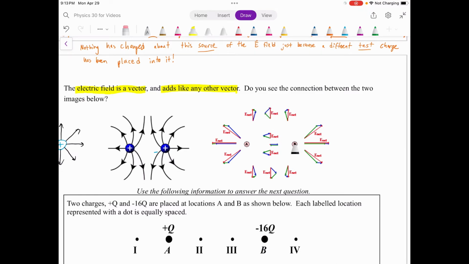Well, if this is a positive charge, it's going to generate an electric field at this location that would push you, if you were a positive, up and to the left. While this one would be pushing you up and to the right, because these are positive, they would repel a positive. And so if we add those two tip to tail, like we would any other vector, like displacements or forces or velocities in physics 20 or momenta in physics 30, the net electric field would just be up.